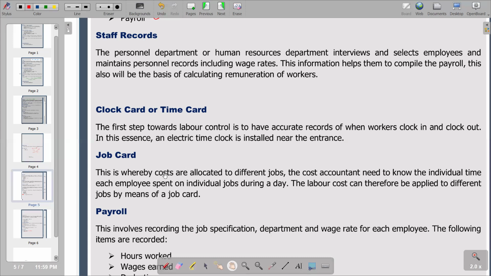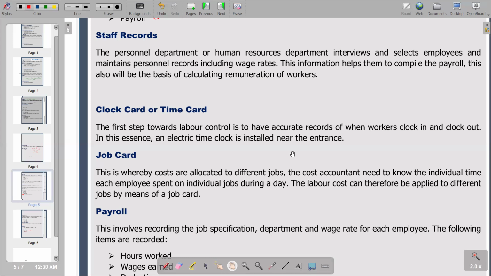We have an explanation underneath, which reads: this is whereby costs are allocated to different jobs. The cost accountant needs to know the individual time each employee spent on individual jobs during a day. So when the worker is in the workplace, the worker is clocked in, but which jobs were being worked on by that worker is what is contained in a job card.